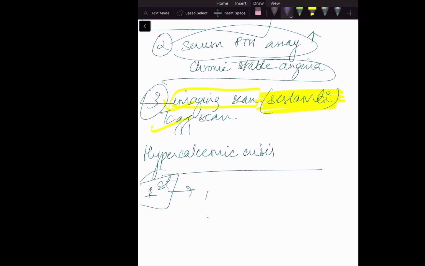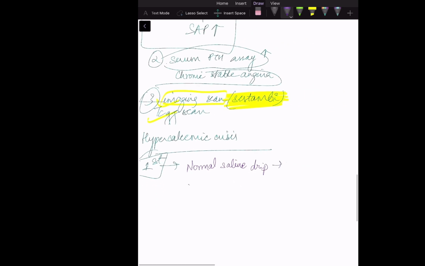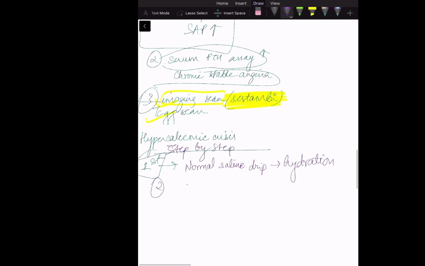The first thing is normal saline drip for hydration. Always remember. The second thing you will do, step by step, is furosemide drip.